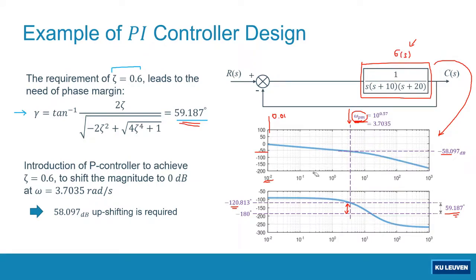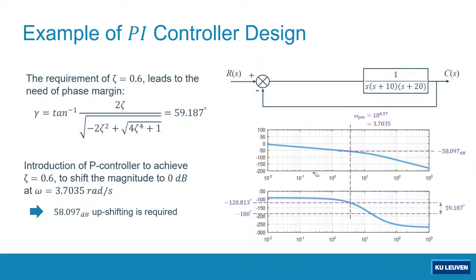This means we have to introduce a proportional controller with the gain of 58.097 dB, but that is in dB scale. We have to convert it to linear scale, right? So 58.097 dB in linear scale will be equal to 803.3.